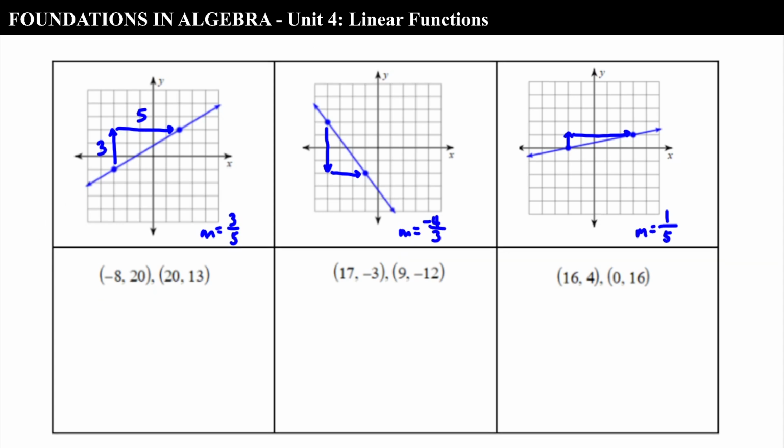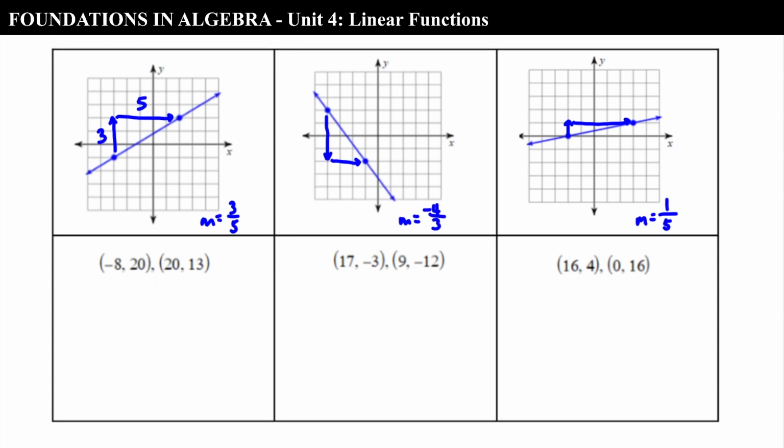All right, let's do a couple more examples where we have to use our slope formula to find the difference between our points. So for this one, I can show you that it doesn't really matter which way we go. So let's make these our 2's and the second ones are 1's, okay? So we're going to do 20 minus 13 over -8 minus 20.